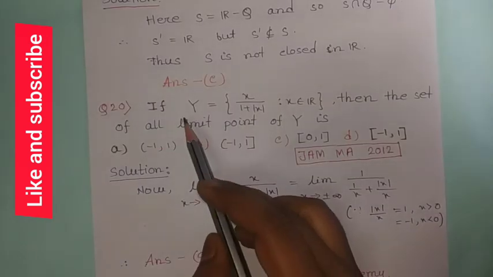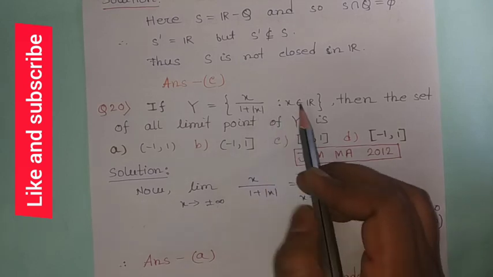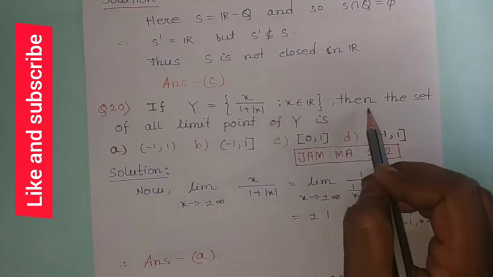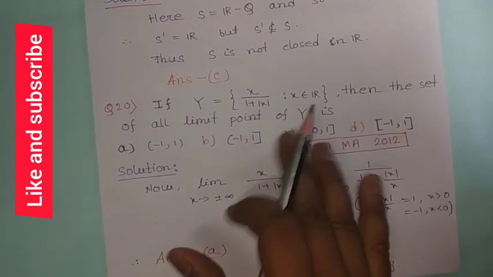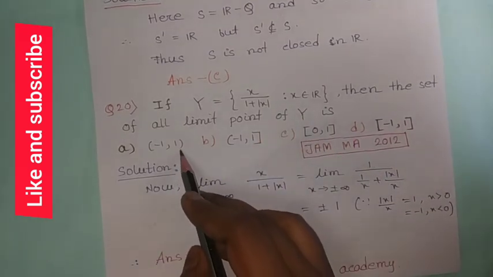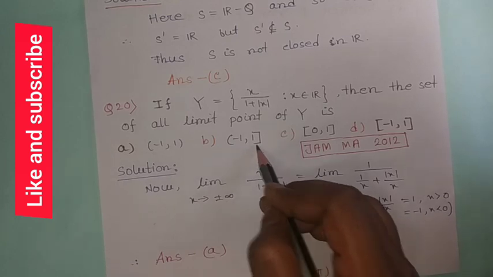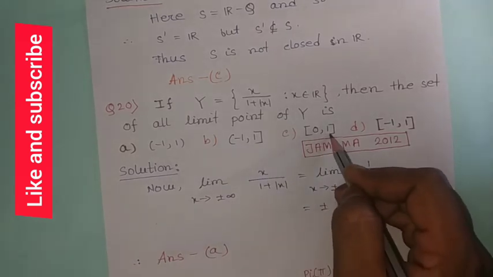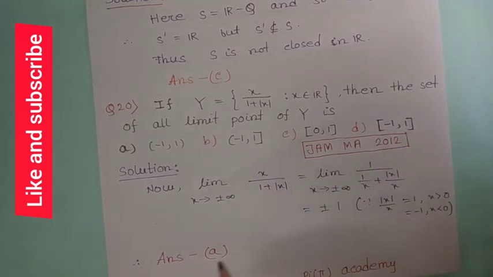Now question number 20. If y equal to x divided by 1 plus mod x such that x belongs to R, then the set of all limit points of y is the open interval minus 1 comma 1, or semi-open minus 1 comma 1, or closed interval 0 comma 1, or closed interval minus 1 comma 1. Solution.